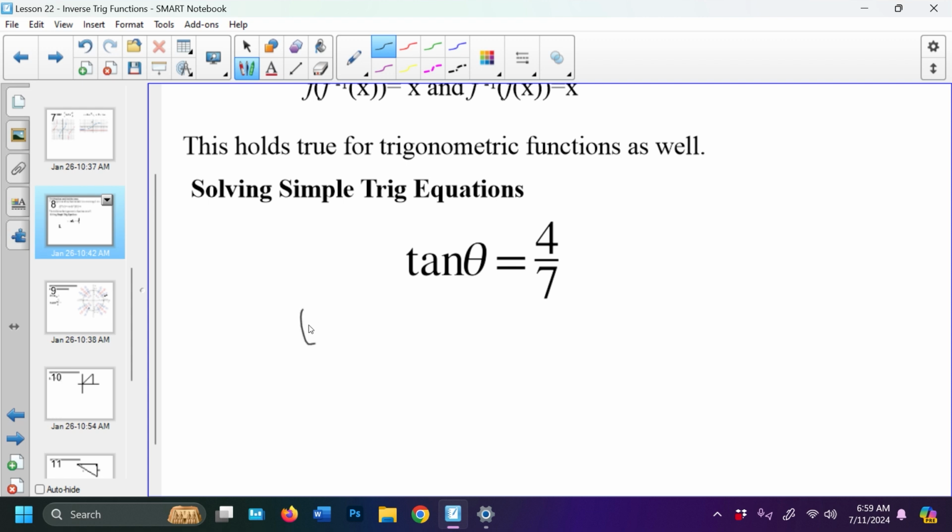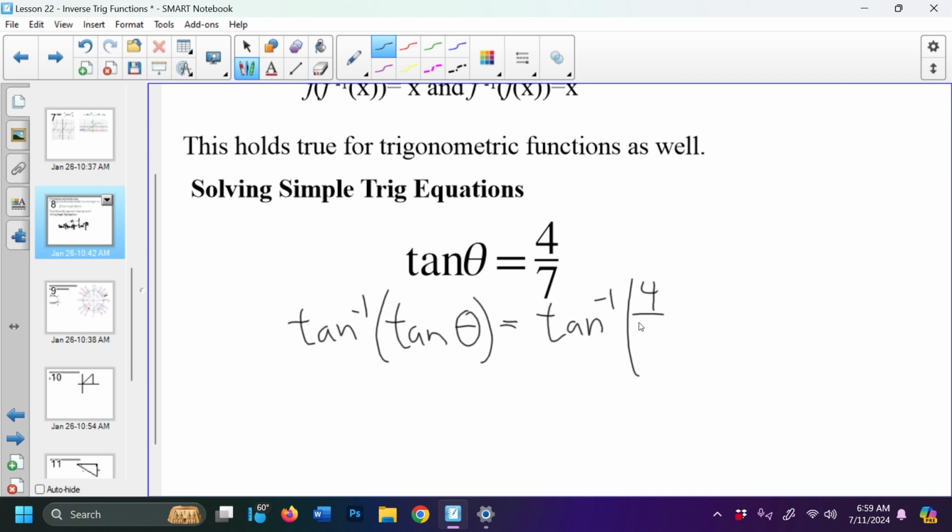So I'm going to have tangent inverse of the tangent of theta is equal to the inverse tangent of 4/7. And just like addition and subtraction cancel out and multiplication and division cancel out, inverse tangent and tangent cancel out, leaving me with theta by itself and the inverse tangent of 4/7 on the right hand side.